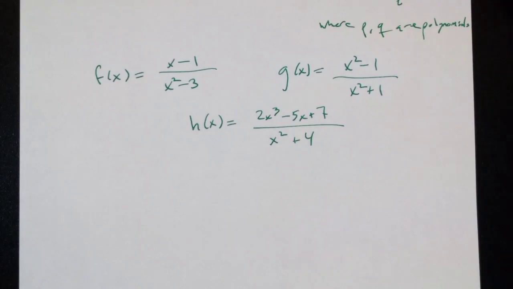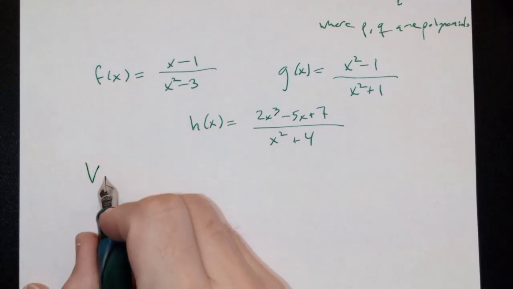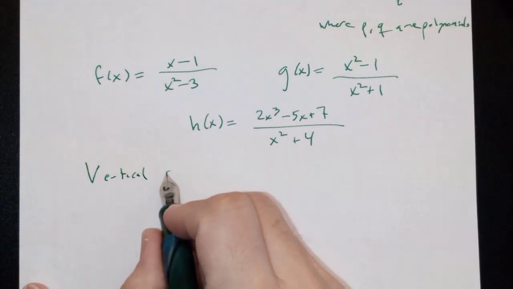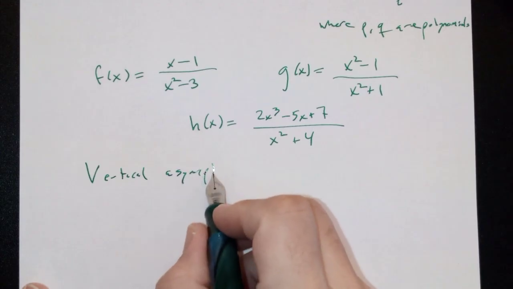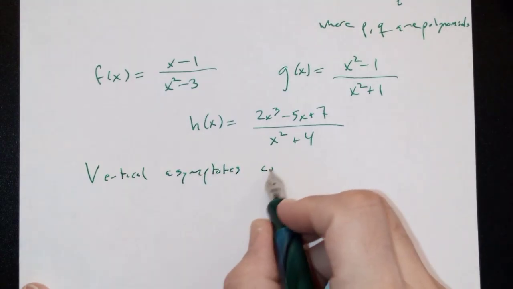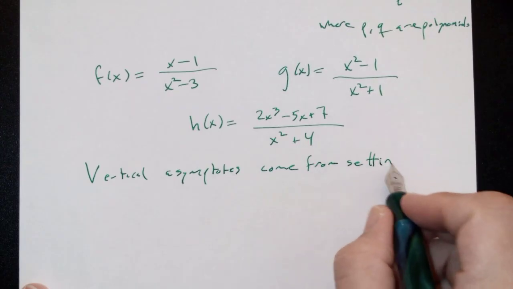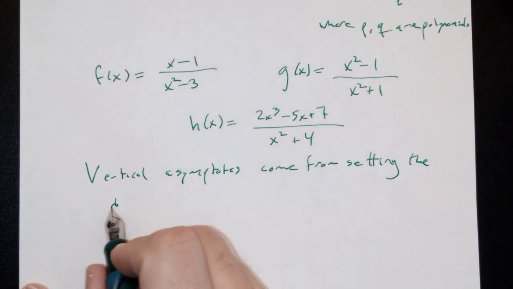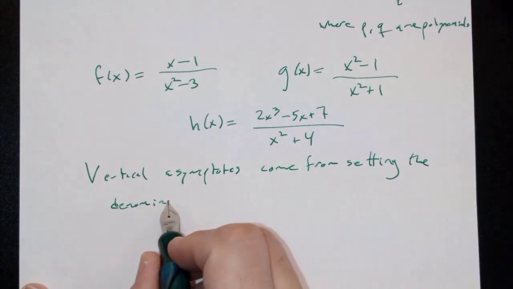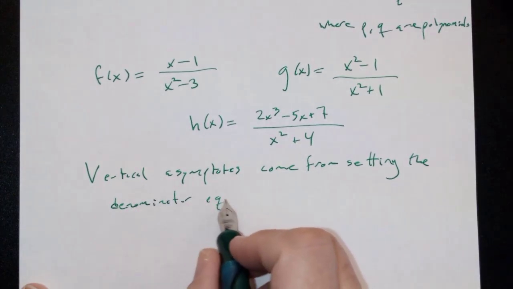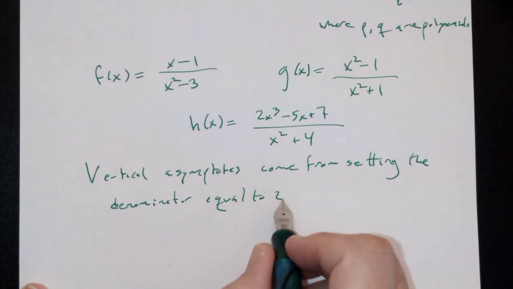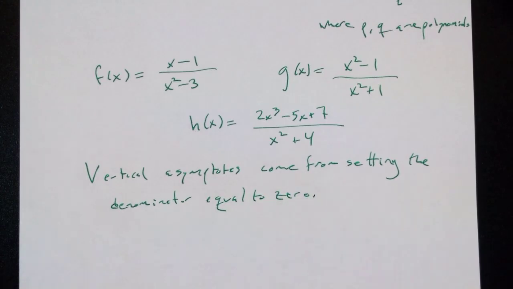So vertical asymptotes occur wherever my denominator is 0.